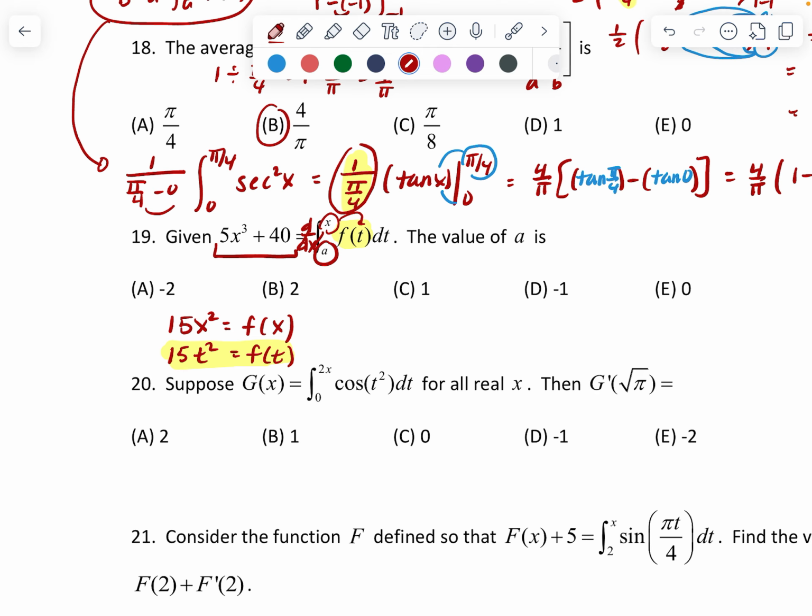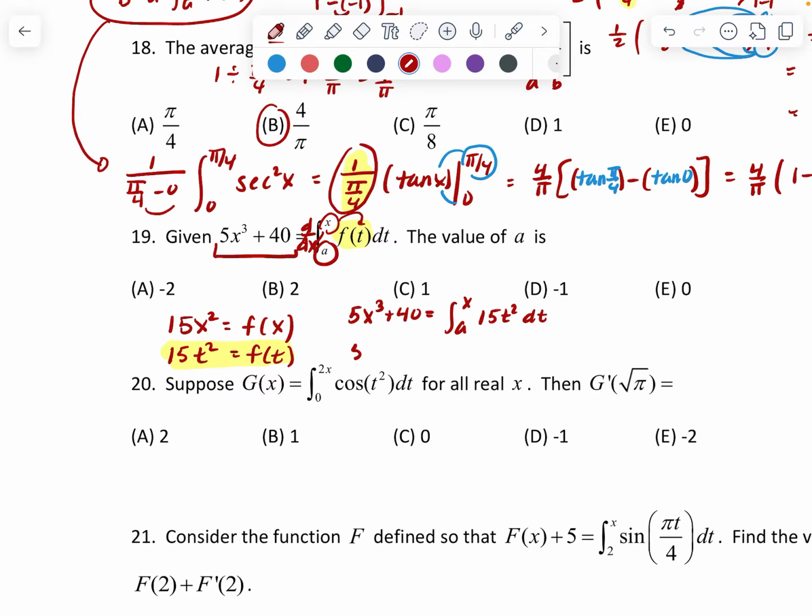Okay, so let's rewrite the equation that we have. We have 5x cubed plus 40 equals the integral from a to x of 15t squared dt. And by doing that, hopefully we can find out what this is. So let's integrate this.